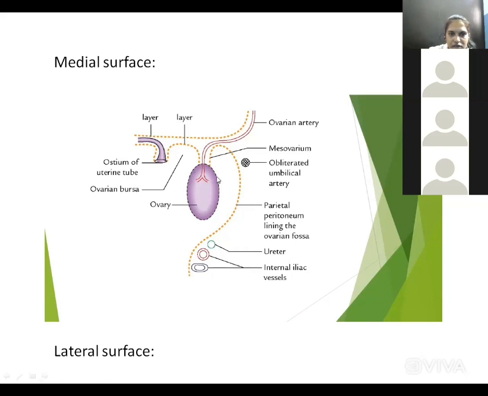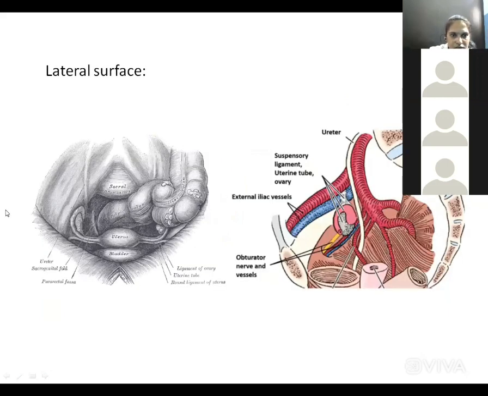Lateral surface. So this is the lateral surface, related with the lateral pelvic wall. In this diagram, the lateral surface is related with the ovarian fossa, that is the lateral pelvic wall. And below this surface, over here, can you see the cursor? Yes, this is the lateral pelvic wall.